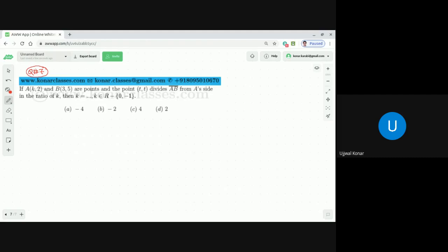In the ratio of k means it is actually implicit; the meaning is the ratio of k is to 1. Then we need to find the value of k.